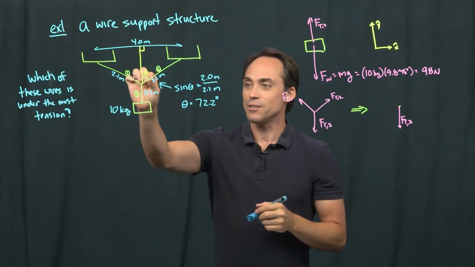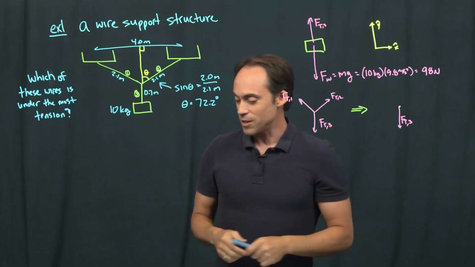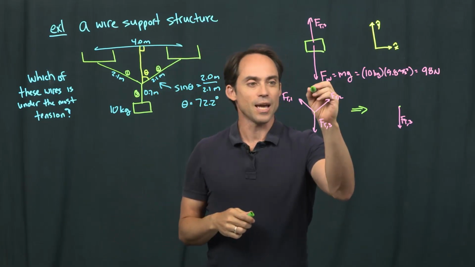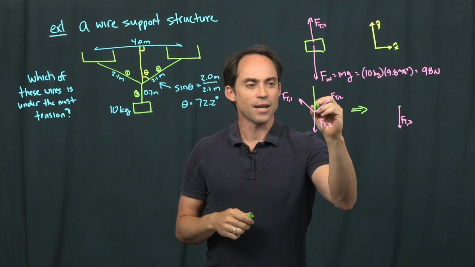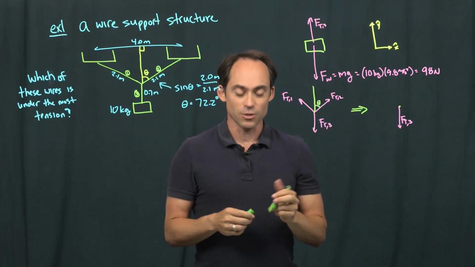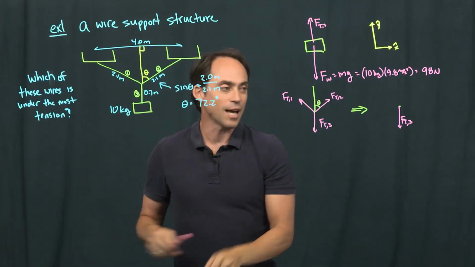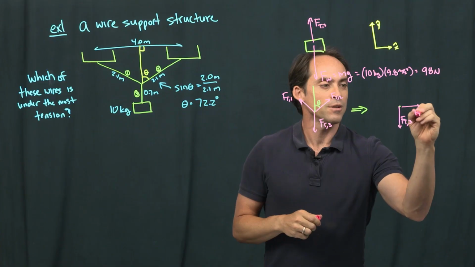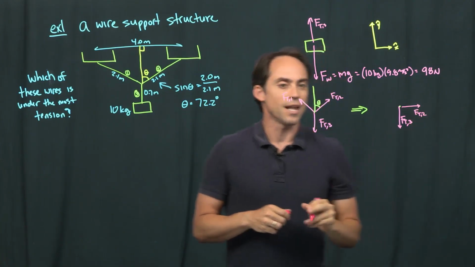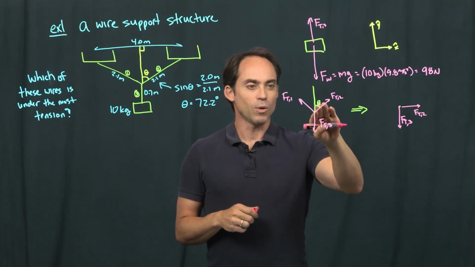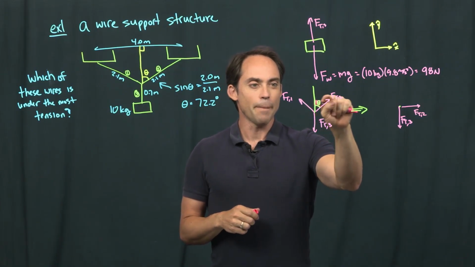Okay, so now how does that angle translate into the geometry of these vectors? Well, that angle factors in because if I draw the same vertical here, that is just this angle right here. So I can compute my vectors along those coordinates using the angle I've just calculated. There's going to be a component of FT2 that is parallel in my coordinate system. And if we look at the way to define my angle, that's going to be the opposite side of the angle.